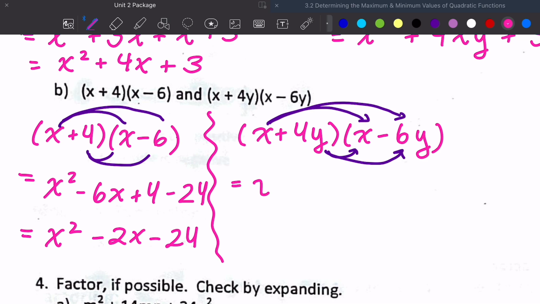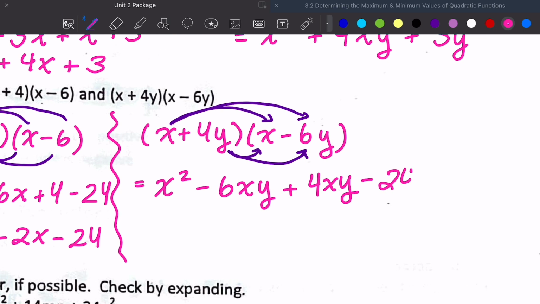Right, so now what's this going to be? x times x is still just x squared, but x times negative 6y? Exactly. yx is technically not wrong, but we like doing alphabetical order, right? x comes before y, so do xy. And then same thing, 4y times x, and then just 4y times negative 6y, minus 24y squared.